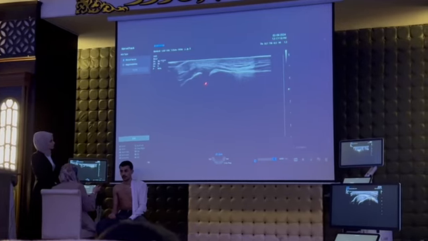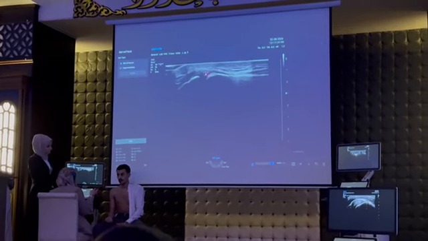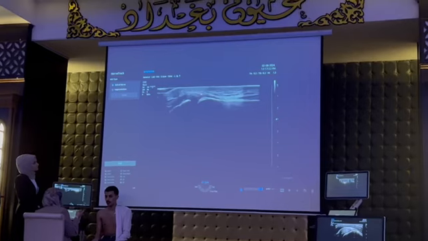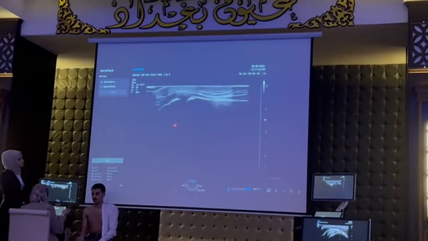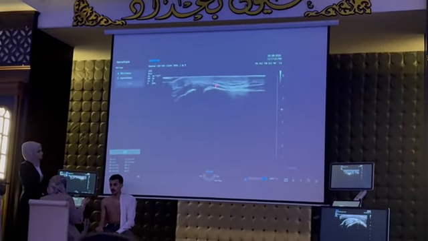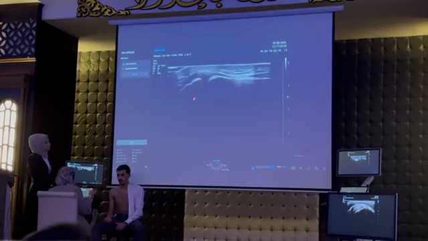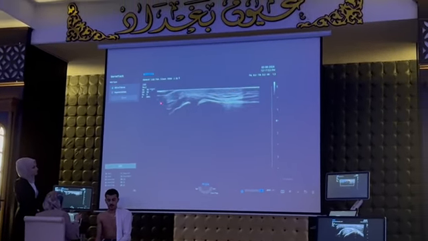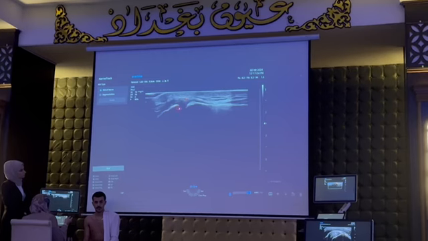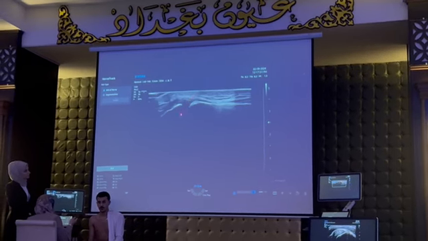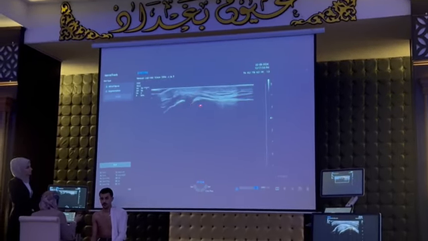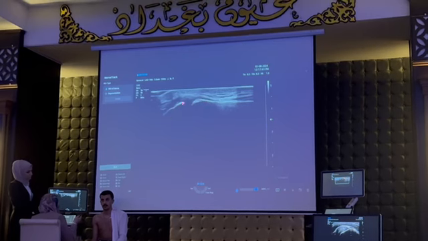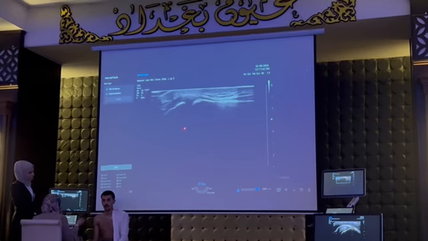Here, a lot of clinical cases come with tenderness. You do ultrasound, it is normal, nothing. But even so, we can inject PRP or steroids, but the needle should be in plane from here or from here, not exceeding 2 mm, because the supraspinatus muscle comes below this. The supraspinatus muscle comes below it.